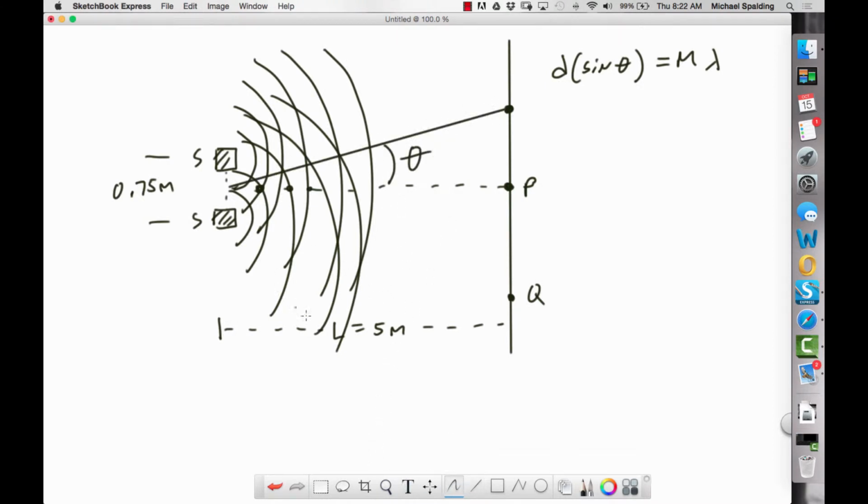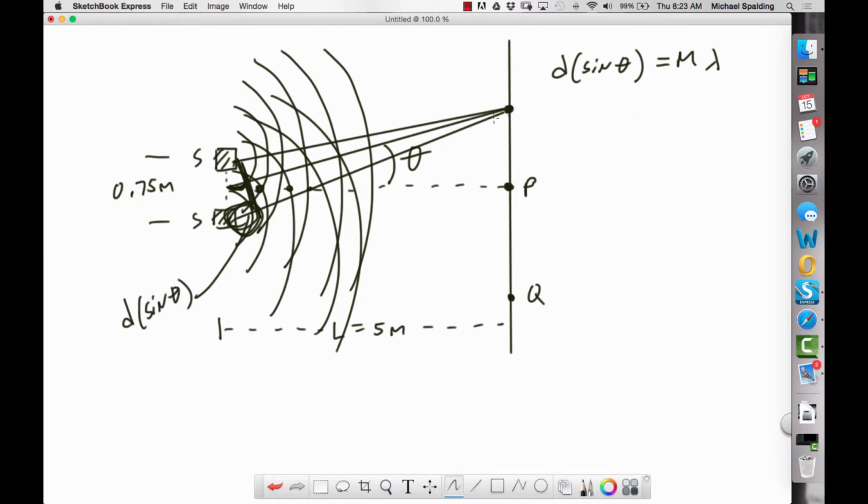Theta also appears in this little triangle if you're comparing two rays traveling from these speakers. So the extra distance traveled works out to be d sine theta.